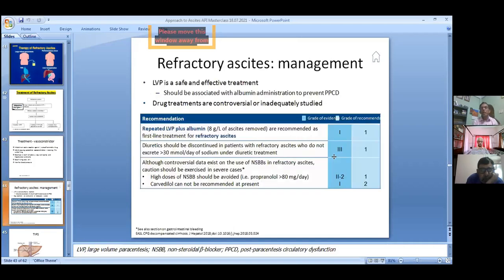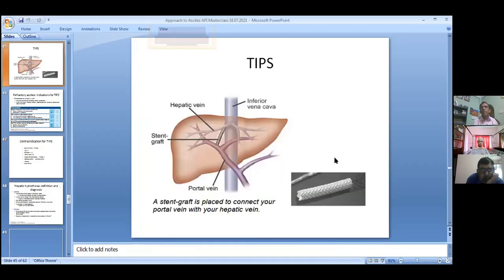I have already mentioned repeated large volume paracentesis with albumin, and the TIPS. It is a stent that is introduced, and at present usually a covered stent is utilized, that is a PTFE covered stent, and the stent is placed through the transjugular route. A stent is placed between the hepatic vein and one main branch of the portal vein.